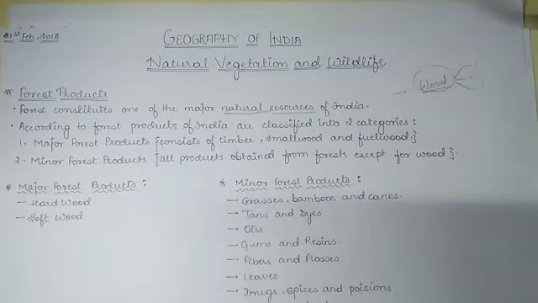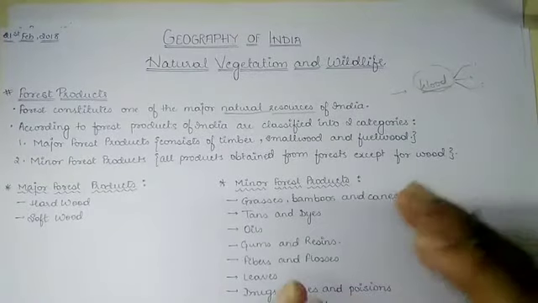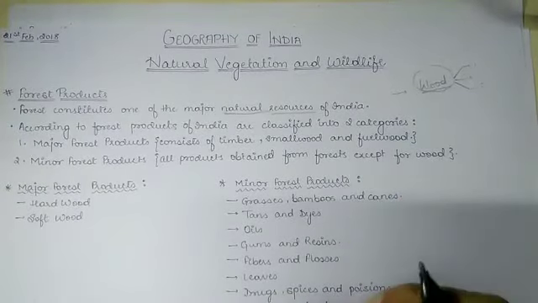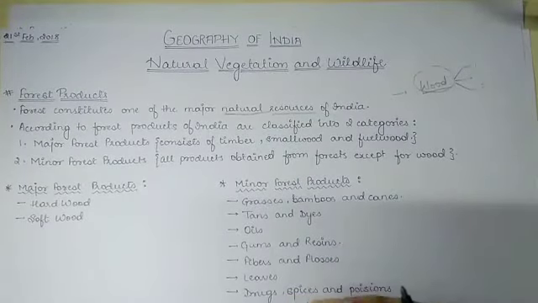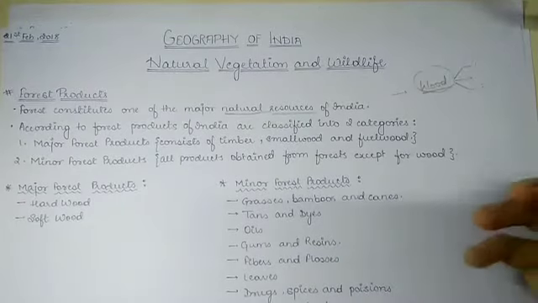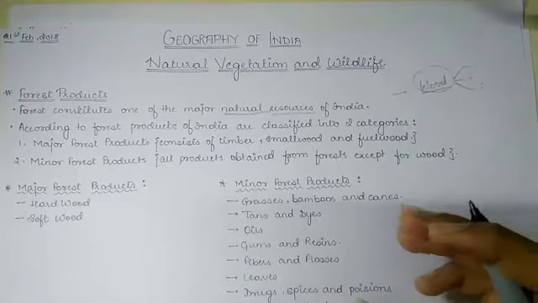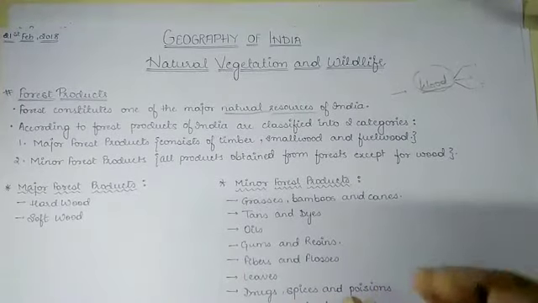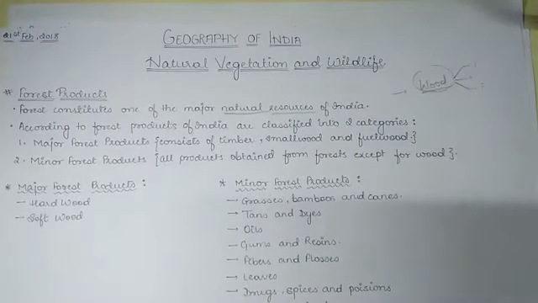Now the forests produce about 5,000 species of wood, out of which approximately up to 500 species of these woods are commercially important. They may be used as softwood, hardwood for making furniture, matchsticks, etc. But these 500 species have commercial value.